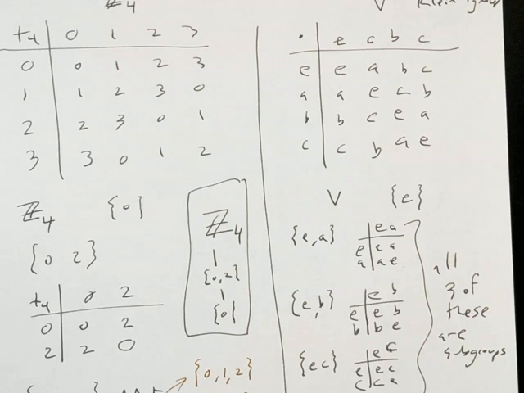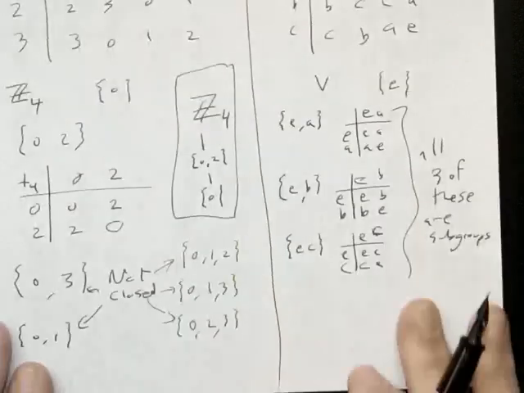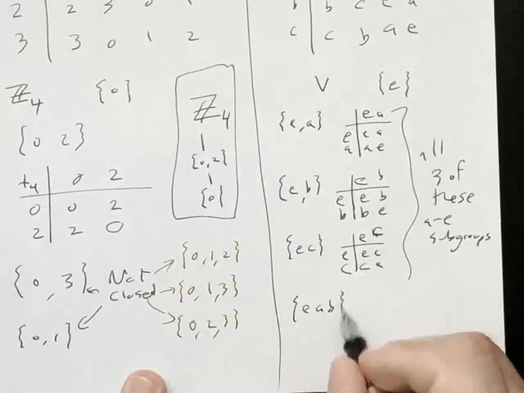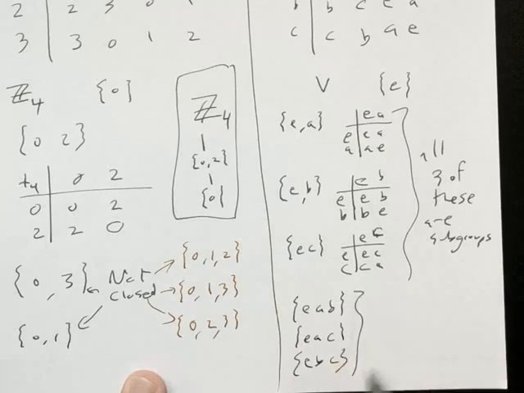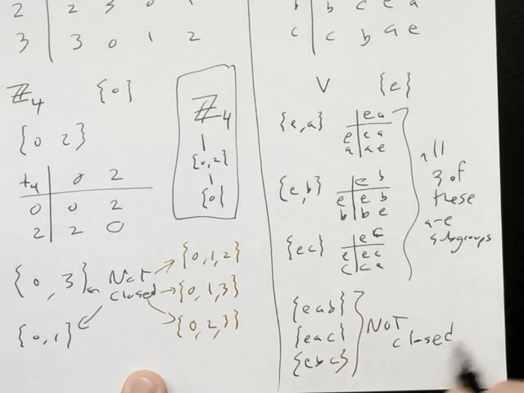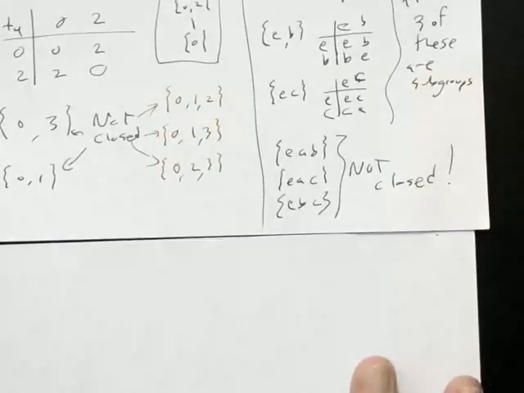All right, let's try leaving out A. Then I've got B and C. What's BC? Crap. So it turns out there are no other proper subgroups here. What's my diagram going to look like this time? The diagram changes because the diagram is containment.